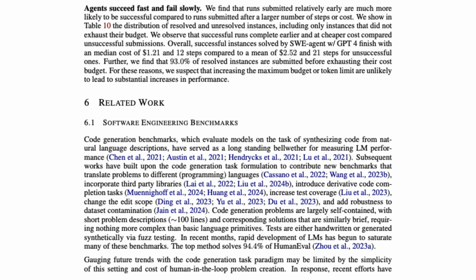6. Related work. 6.1. Software engineering benchmarks. Code generation benchmarks, which evaluate models on the task of synthesizing code from natural language descriptions, have served as a long-standing bellwether for measuring LM performance.